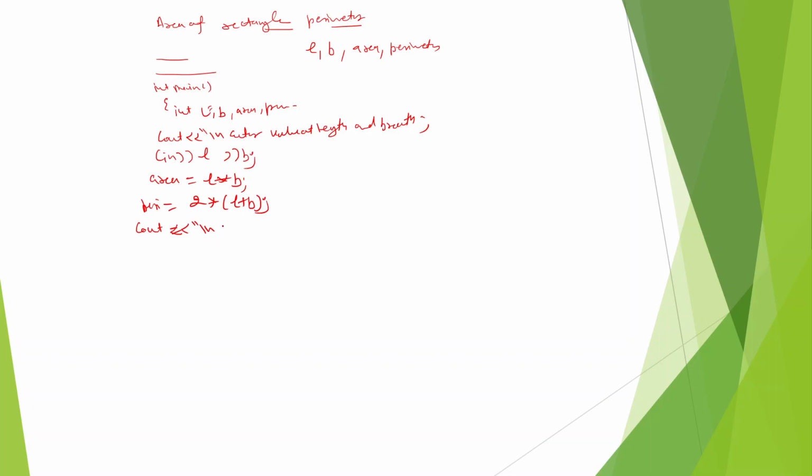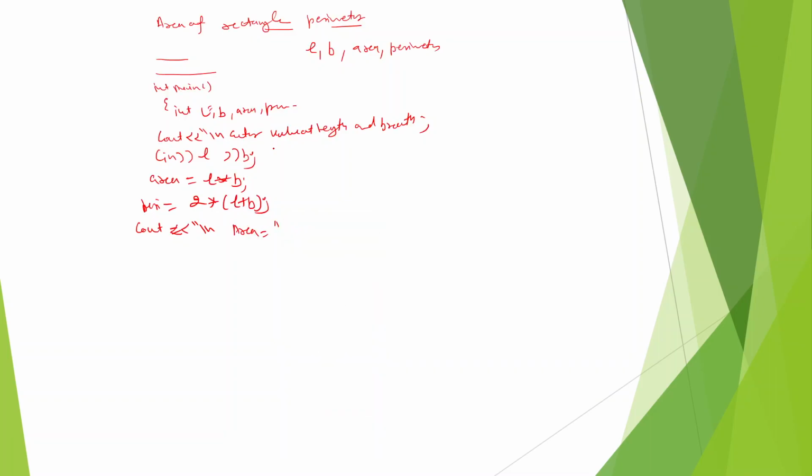What is the value of area equal to, then you write here area. Same for perimeter. Perimeter is equal to, and you write here the perimeter value. Then after that, return 0 for success.